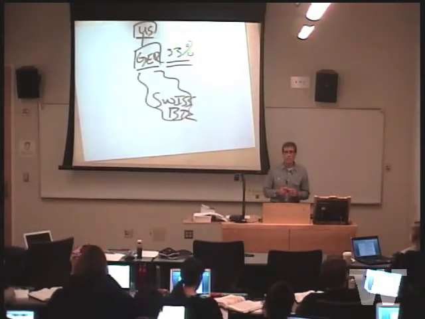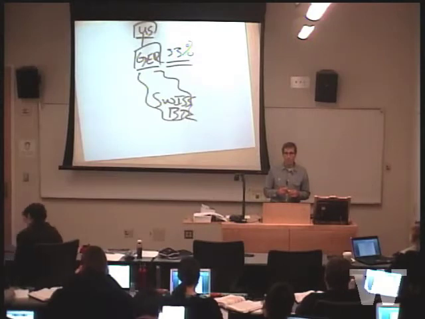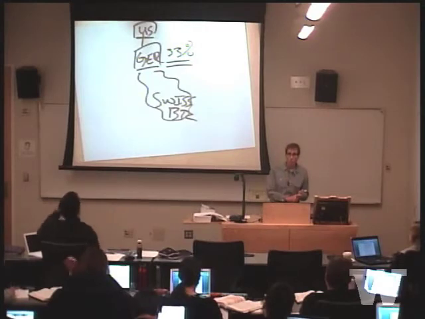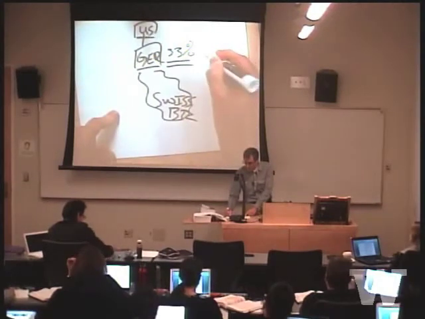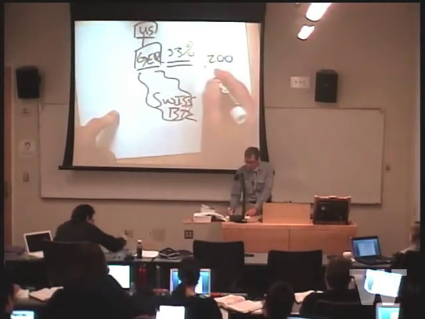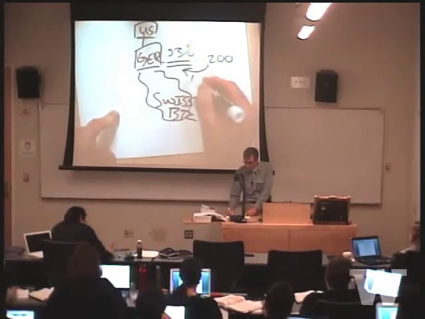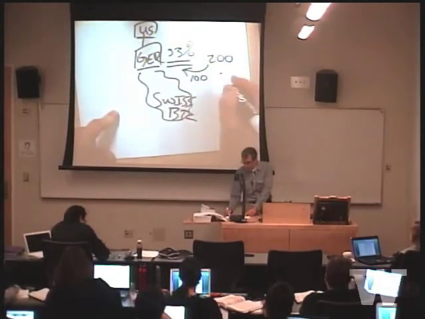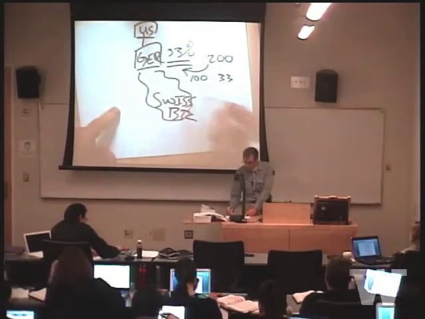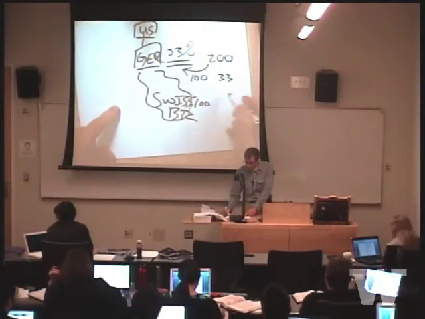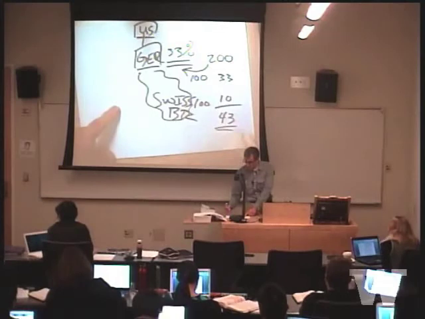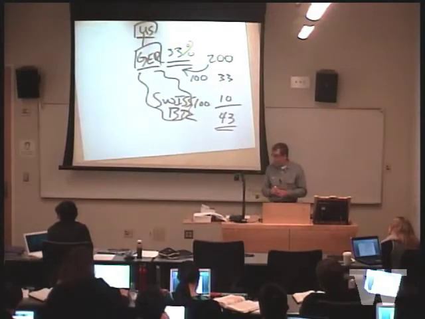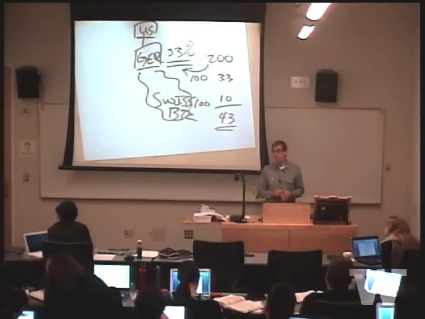And let's say that as a result of that, under Swiss rules, under German rules, we break up the overall income, let's say, of 200, and 100 is taxed in Germany at a 33% rate, and in Switzerland, 100 is taxed at, let's say, a 10% rate. So we end up with 43 of tax. Germany does not tax the income of the Swiss branch.